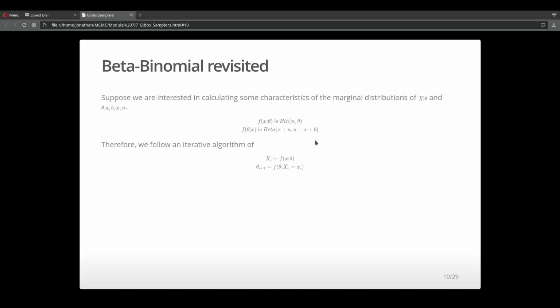The distribution for x will just be a binomial distribution that's conditioned on theta, and the distribution for theta will just be a beta distribution, since the posterior for theta is a beta distribution. For our algorithm, we're first going to sample x, and then we're going to use those x values to sample theta, and then use that updated theta value to sample x again, and continue on forward until we run out of things to do.